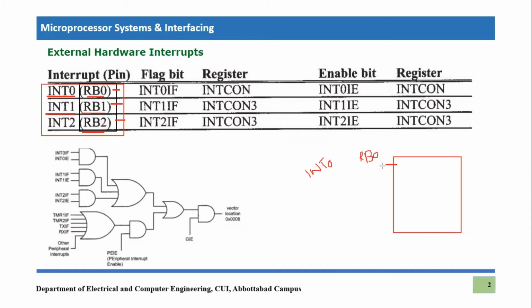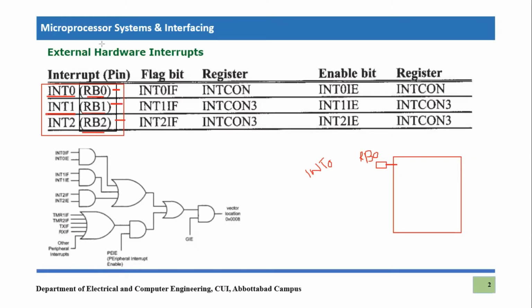Let's say we have attached a sensor on this specific pin. Whenever this sensor sends a pulse, the pulse could be from low to high or high to low. Actually we are not talking about the pulse, we are talking about the transition.